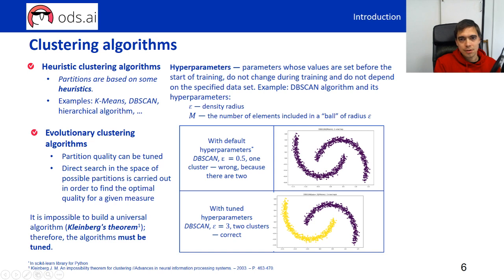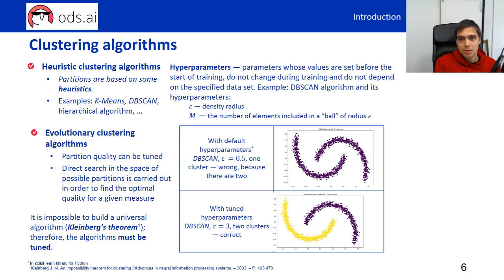So let's consider the classification of clustering algorithms. The first type is heuristic algorithms that build partitions based on some immutable heuristic. For example, these are k-means, DBSCAN, hierarchical algorithm, and many others.